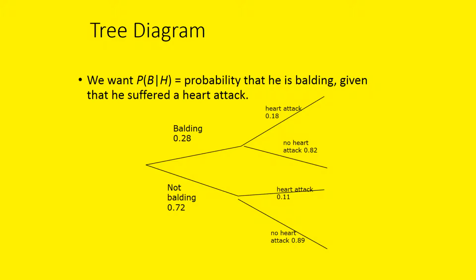Of the balding guys, 18% of us are going to have heart attacks. That leaves 82% in the no heart attack group. But it breaks down a little bit differently for the not balding guys. For them, 11% will have a heart attack, 89% won't.